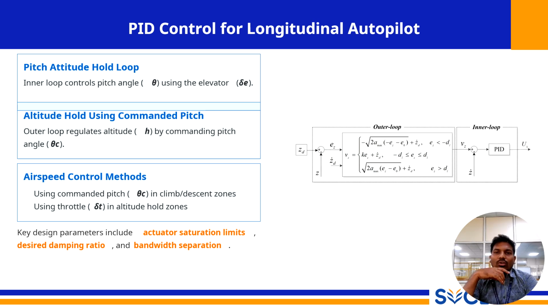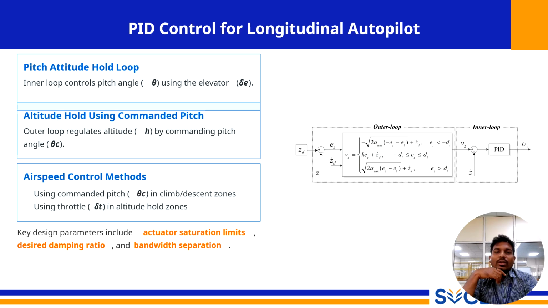The next layer of control is the altitude hold using commanded pitch loop. This is the outer loop, and its purpose is to regulate altitude h by commanding pitch theta c. This is a perfect example of successive loop closure.